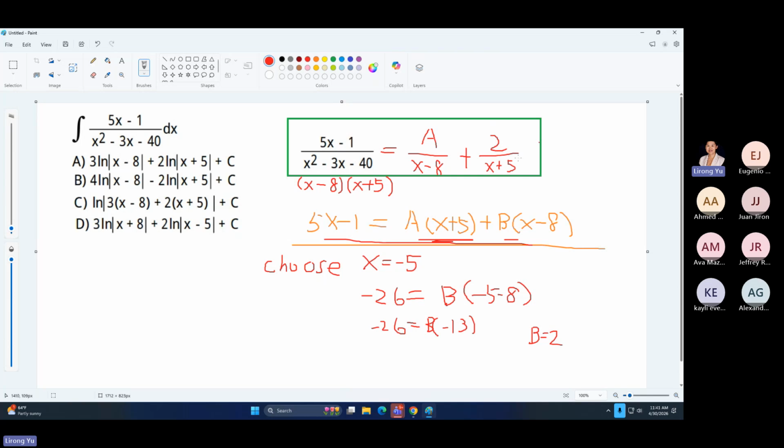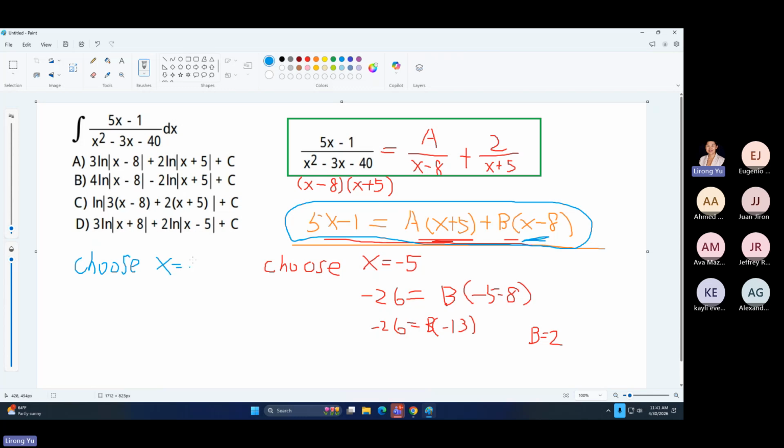We now found B. We also have to find A. So let's choose another number because we still have to solve for A. Just remember this equation is a function equal to another function. The function has a variable, so we choose an easier number for x. Let's choose x equal to 8.